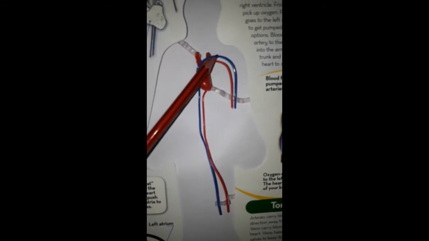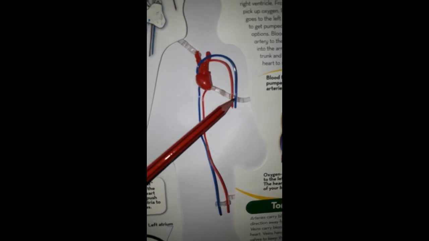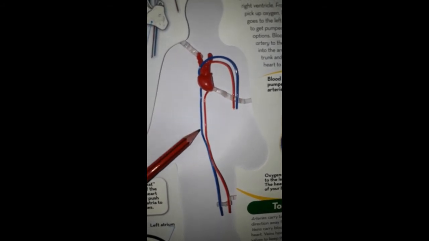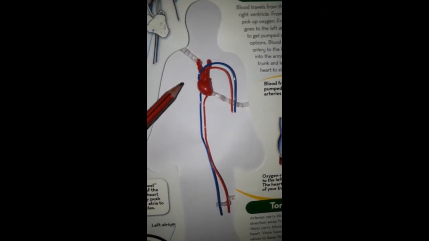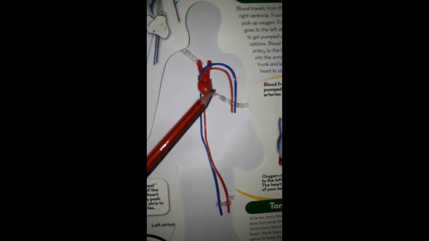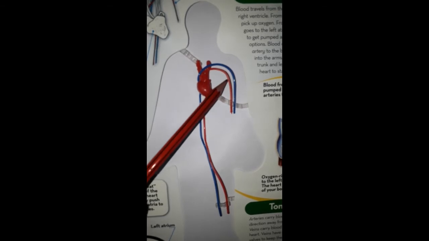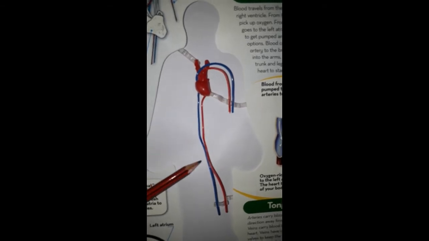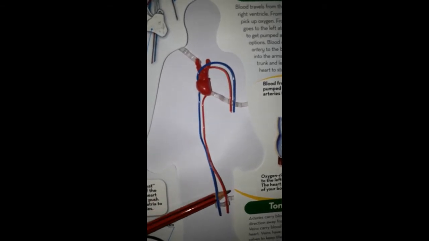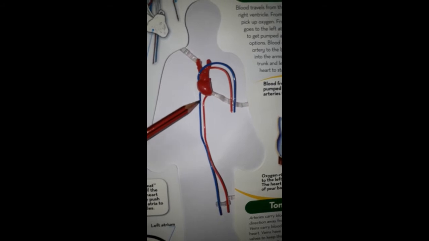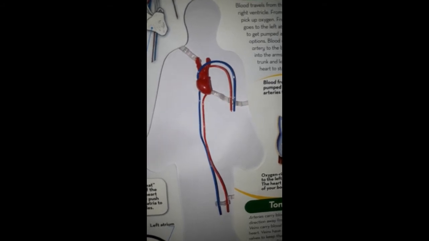The blue tube is the vein, which carries the carbon dioxide rich blood collected from all parts of the body, and the red tube is the artery, which carries the oxygen rich blood to all parts of the body.